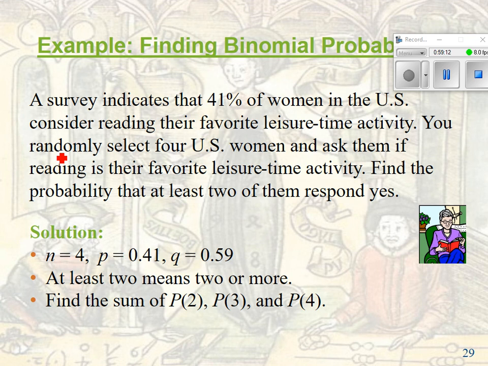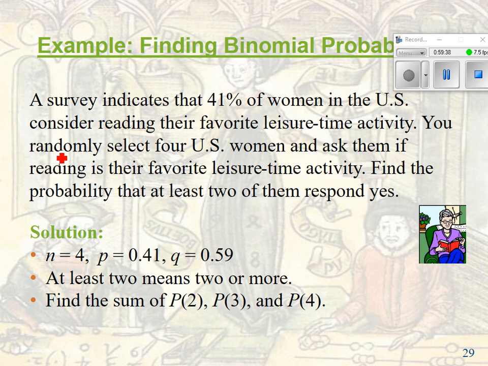The other thing that we could do is take the probability of all of them using the CDF, which is just going to be 1, and subtract off the probability of 1 and 0 going down, using the CDF button.